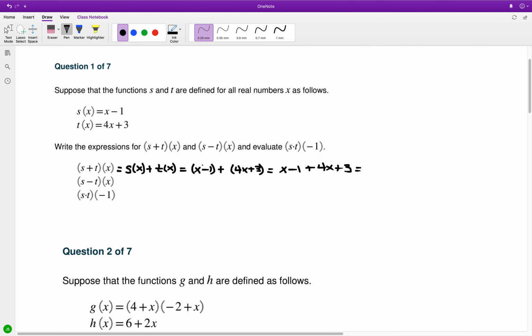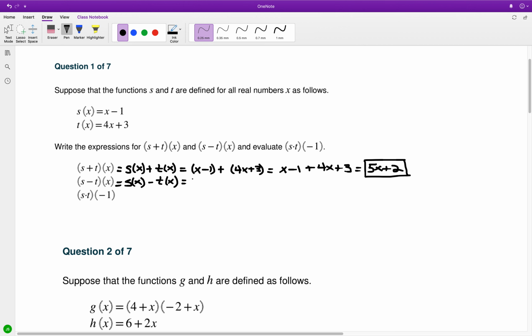Combining like terms, x plus 4x will make 5x, and negative 1 plus 3 is plus 2. So for s plus t of x, we have 5x plus 2.